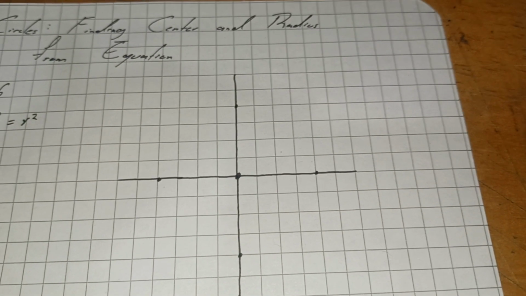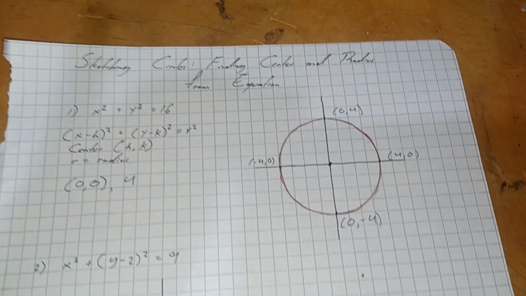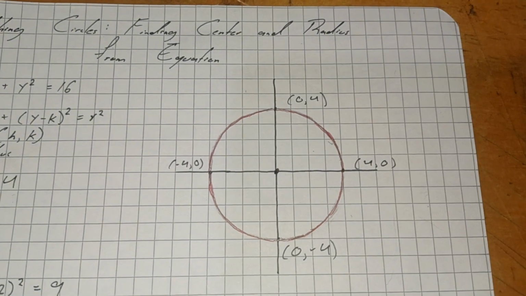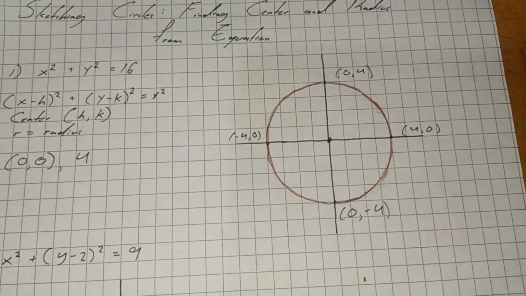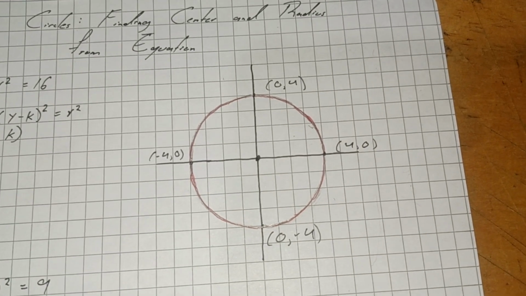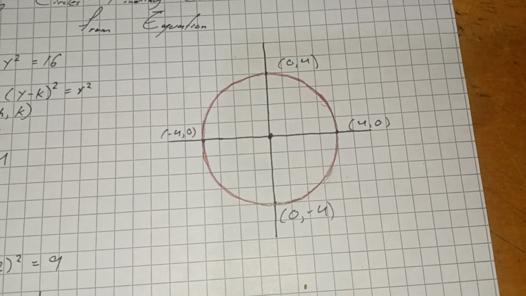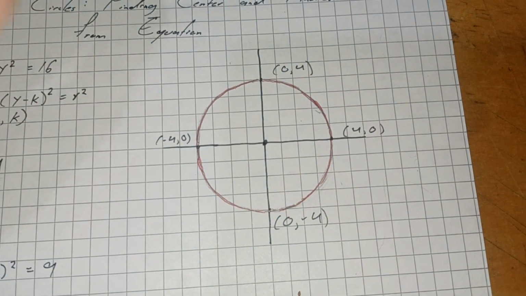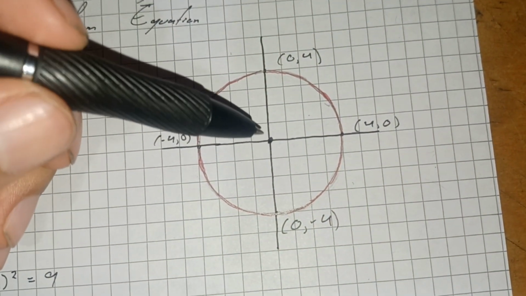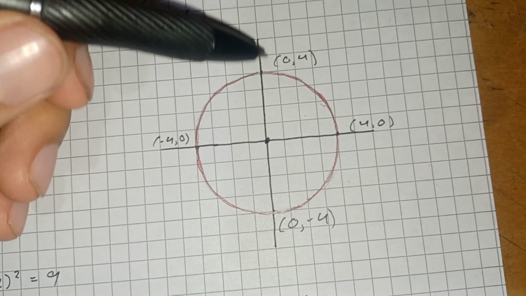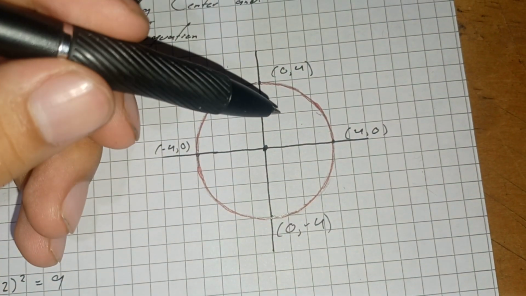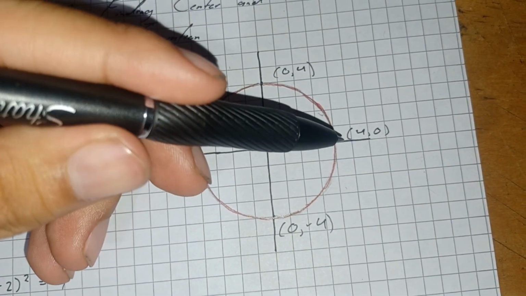So we are back, and obviously it's not perfect, but this is the circle of the equation x squared plus y squared equals 16. Our radius is 4. Our diameter is going to be 2 times the radius. Our points from the origin: we have 0, 4, all the way up to 4. We have 4, 0.